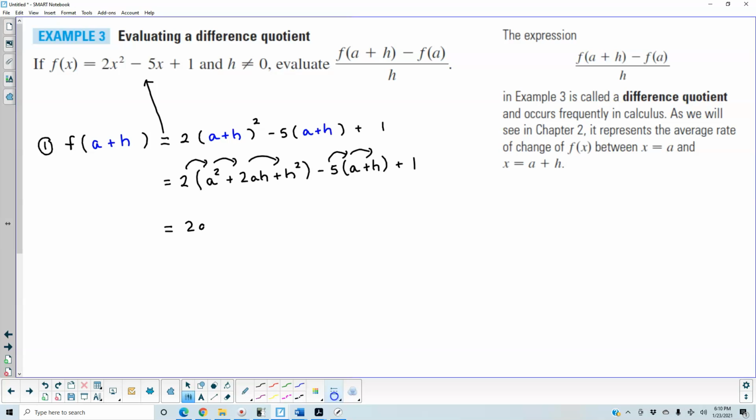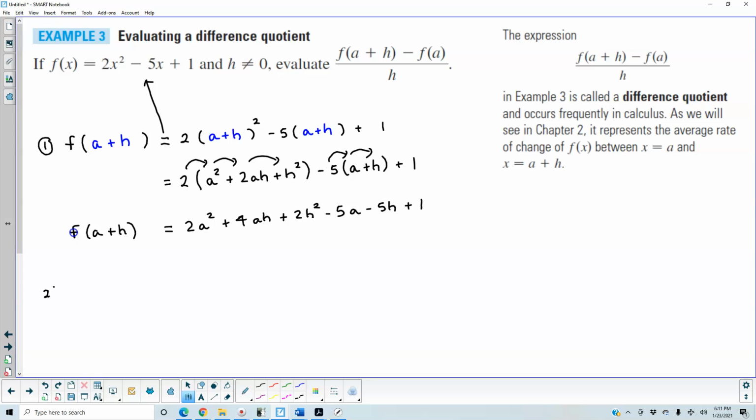So we get 2a squared plus 4ah plus 2h squared minus 5a minus 5h plus 1. And so from here we need to determine, are there any terms that we can combine? We don't have any. So we know that f of a plus h is equal to what we just solved.